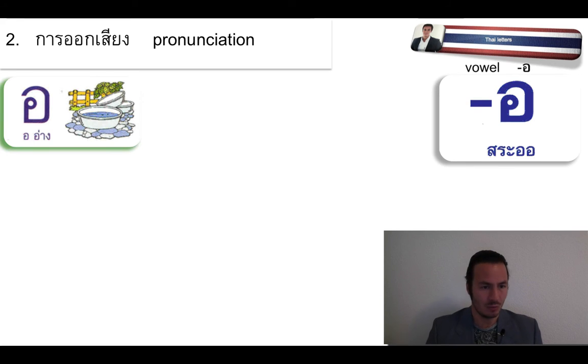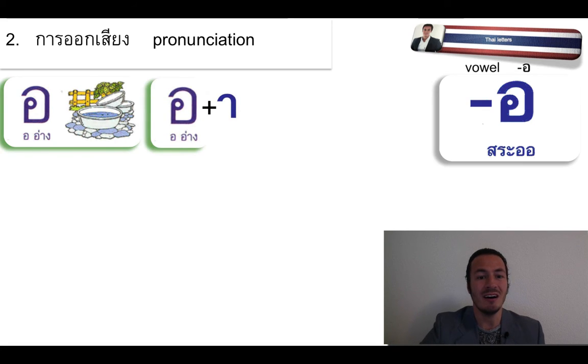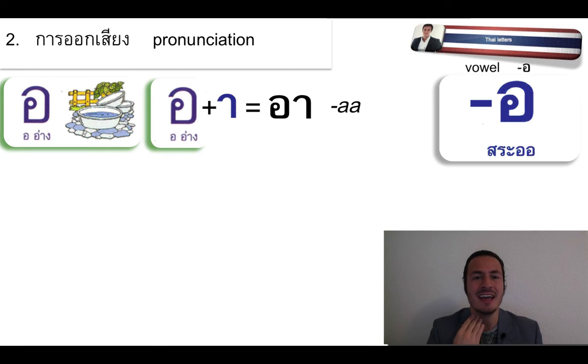And in one of the first lessons we've learned how to combine consonants and vowels. So in this case, if we combine the ang consonant with the long a vowel, it results in the syllable a. So the ang consonant doesn't have a real sound of its own.